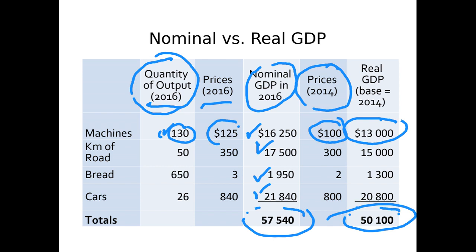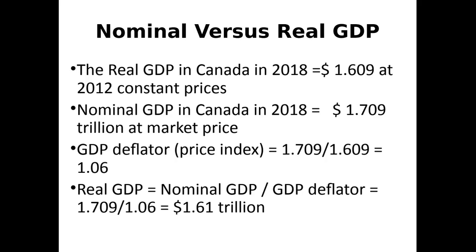Okay. Now let me give you the actual numbers. This is actual data. Although I did not write it, it should be in trillions of dollars. The real GDP in Canada in 2018 is $1.609 trillion at 2012 constant prices.